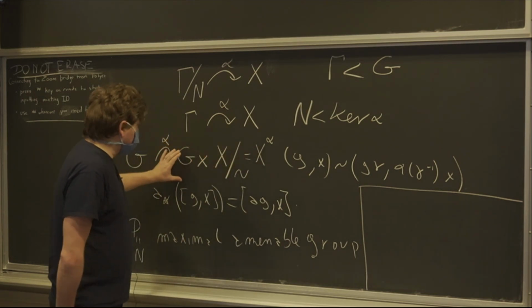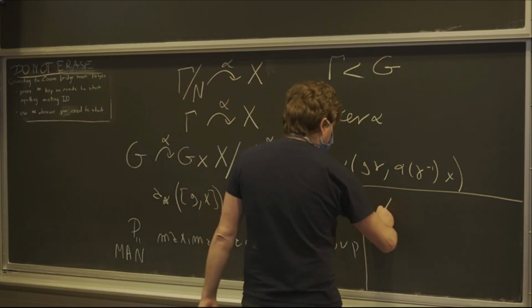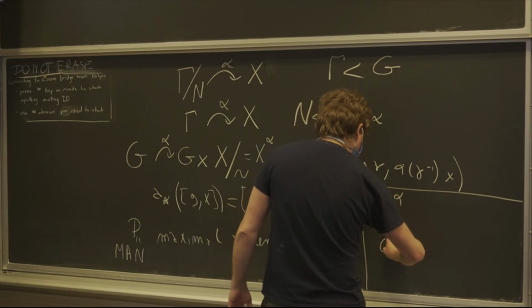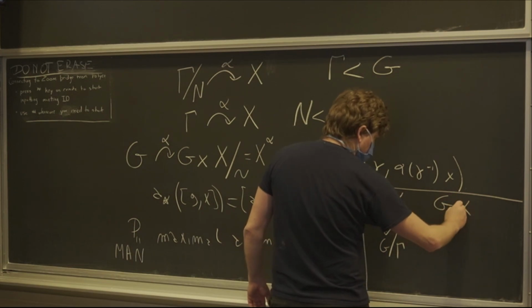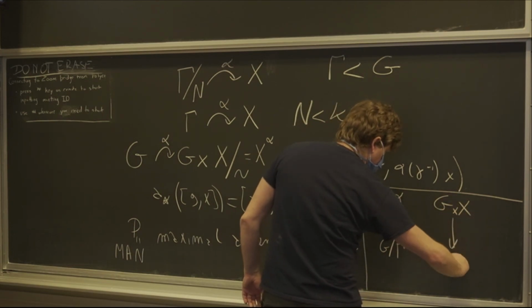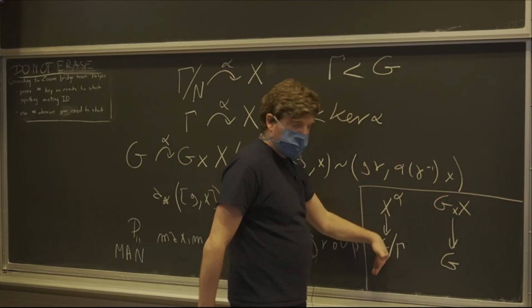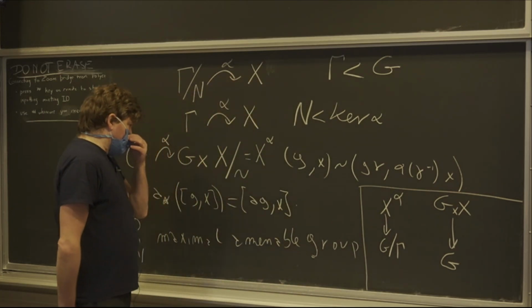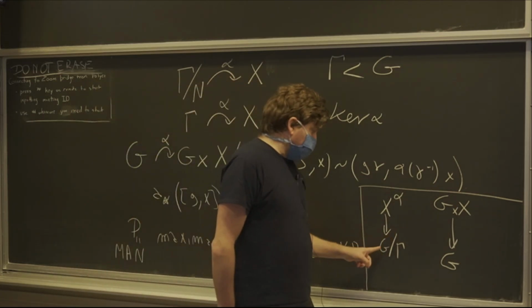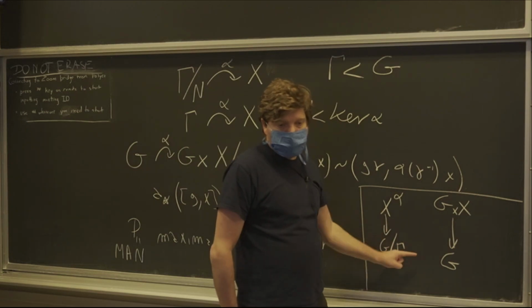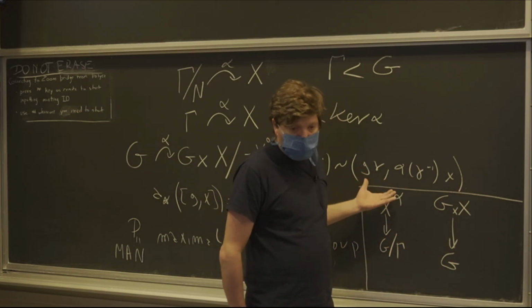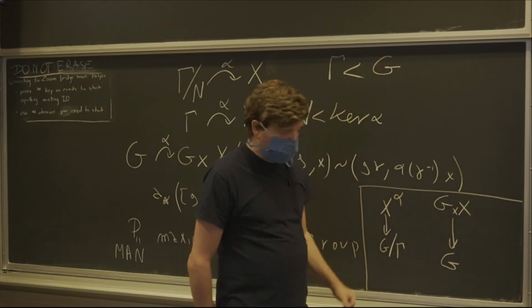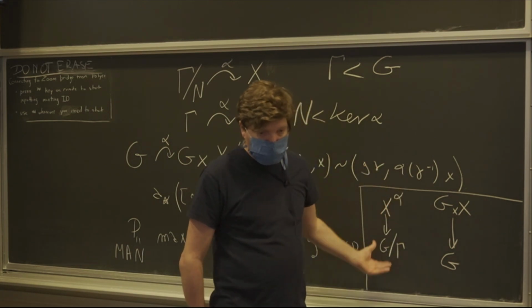But X alpha fibers over G mod gamma at the same time that G times x fibers over G. So this projection on the first coordinate goes to the quotient. And this G mod gamma may not be compact, and then automatically X alpha cannot be compact, because the image of compact is compact, and this is an onto map.